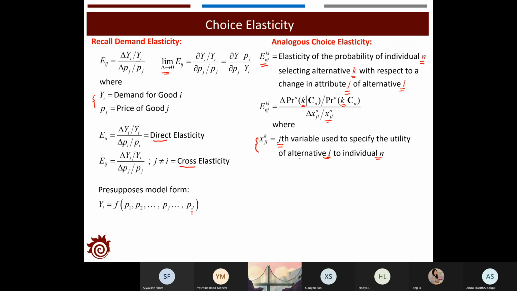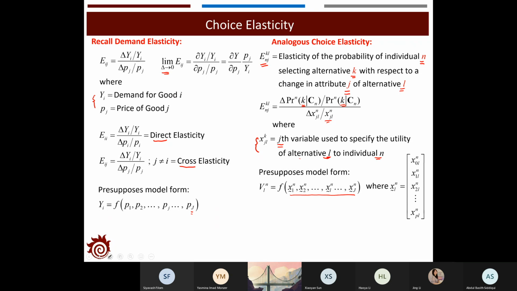And in our previous model, we assume that the deterministic utility is a function of a set of variables x1, x2, up to xl, and for each one of them, we have p different attributes: x0l, x1l, x2l, until xpl.